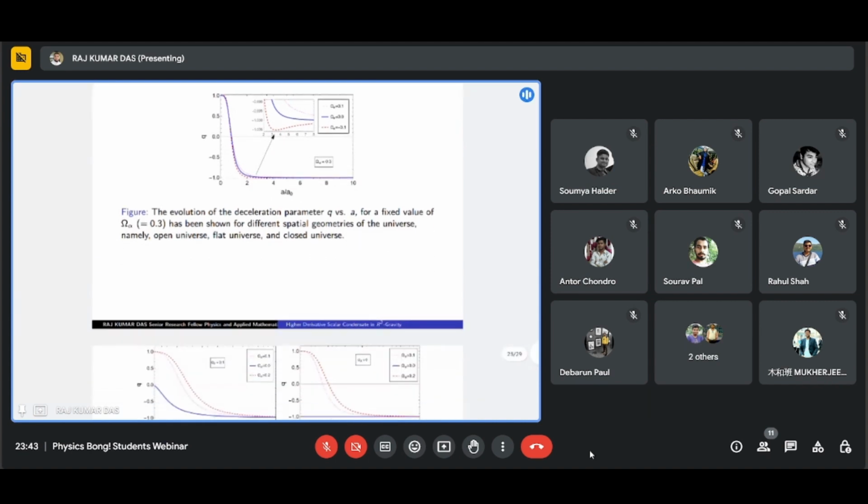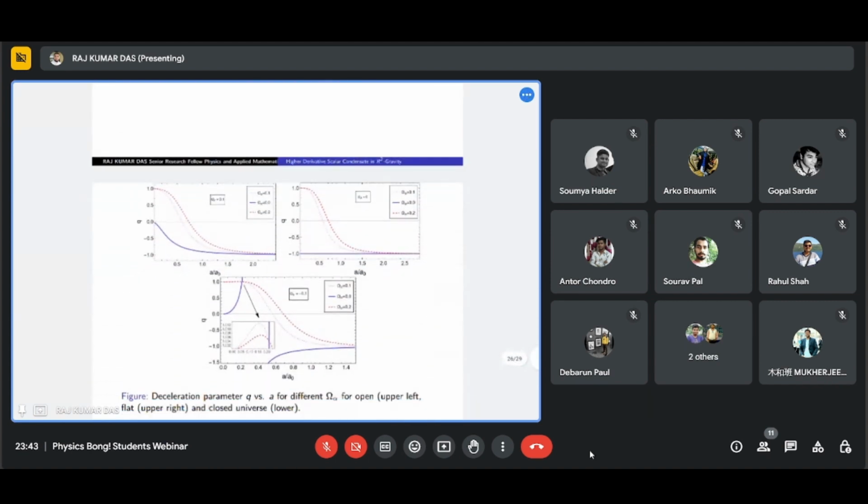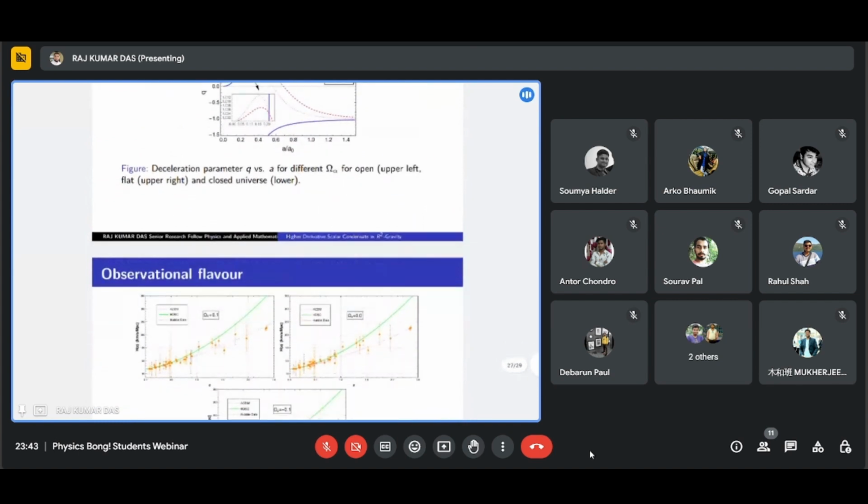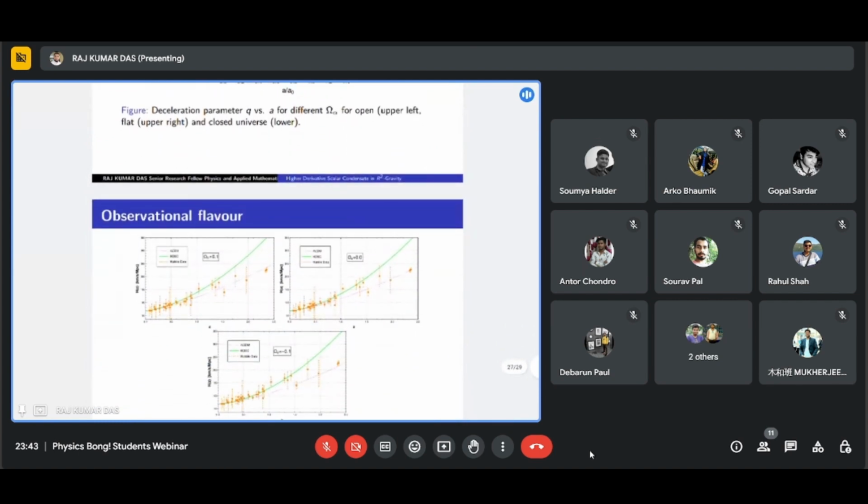Now we have also tried to put in an observational flavor. We have plotted H(z) versus z for our model. You know, lambda CDM is a well-fitted model, though it has some cosmological problems. But we have compared our model to HDSC, the high derivative scalar constant, and lambda CDM, and we have taken the Hubble data.